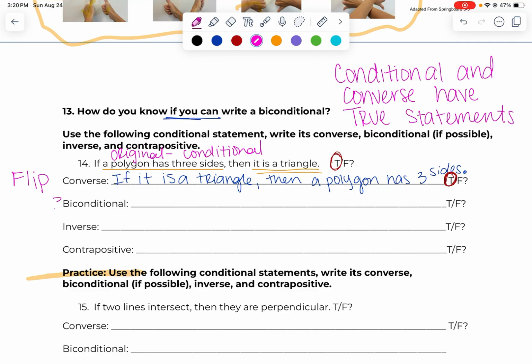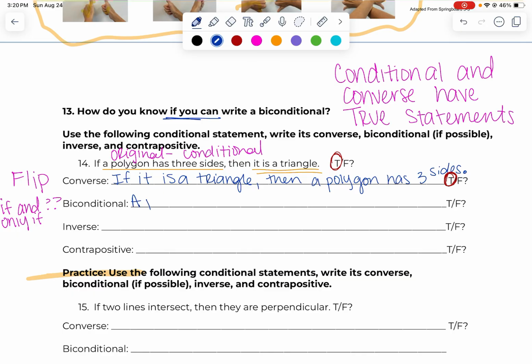So, can we write a biconditional? Are the conditional and converse both true statements? If you said yes, perfect. Biconditional is we put the word if and only if in between hypothesis and conclusion. Now, it is based on the conditional statement. So we're cutting out the first if.